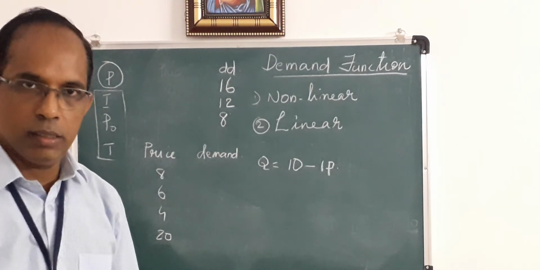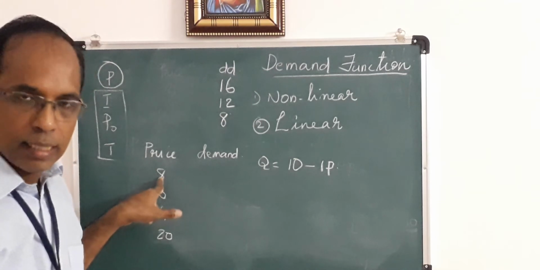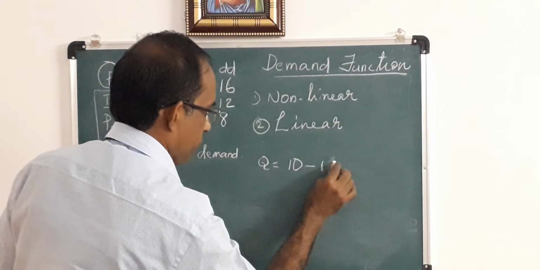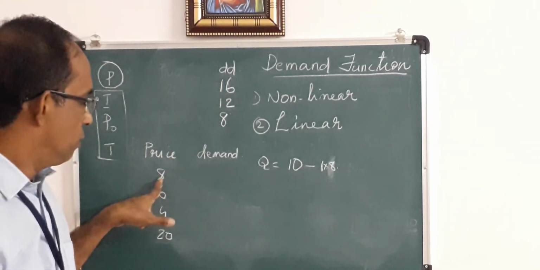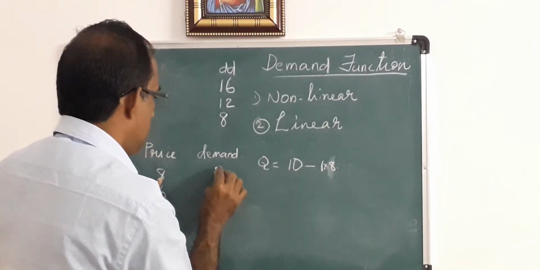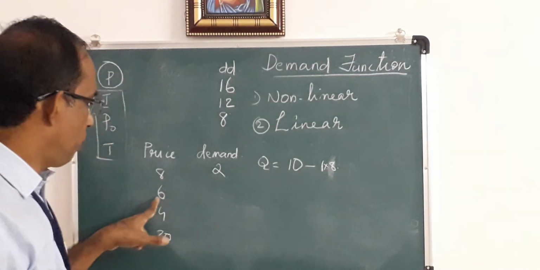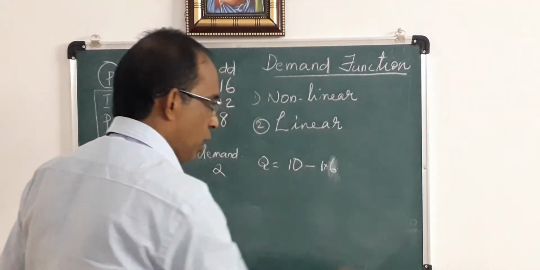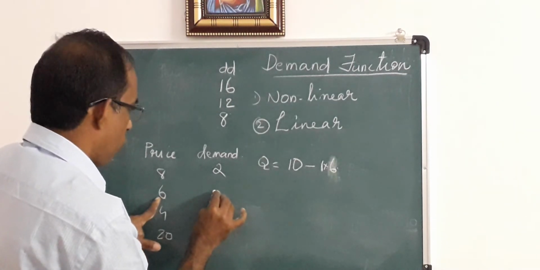At rupees 8, what is her demand? Just substitute P as 8. 8 into 1, 8, 10 minus 8, that is 2, demand is 2. Then at rupees 6, 1 into 6, 10 minus 6, that is 4.